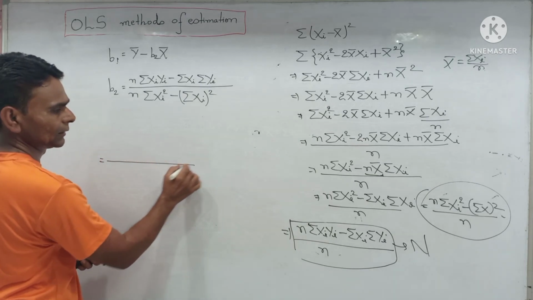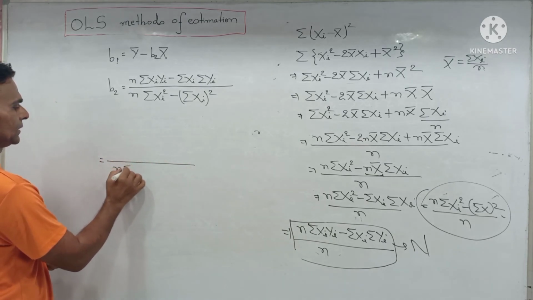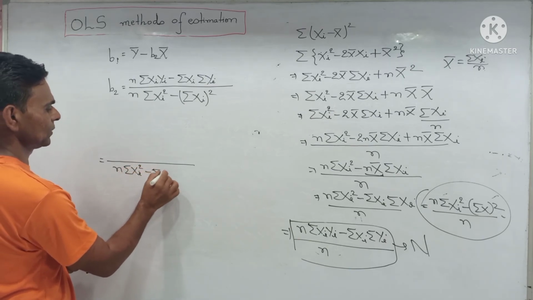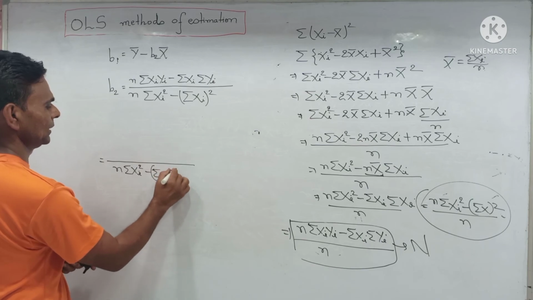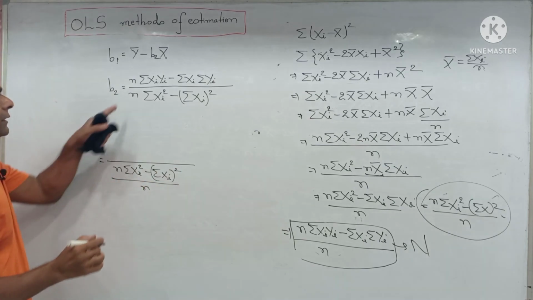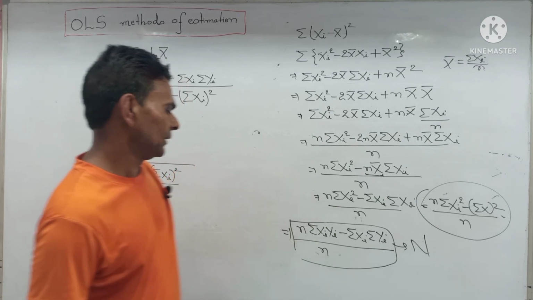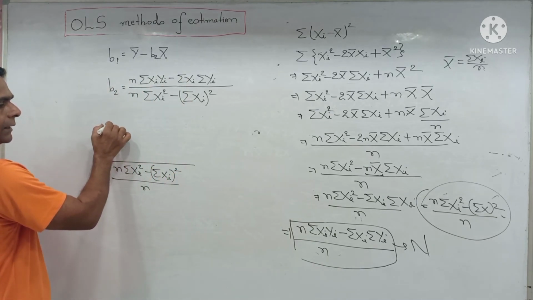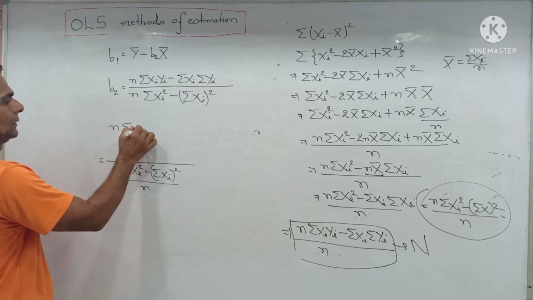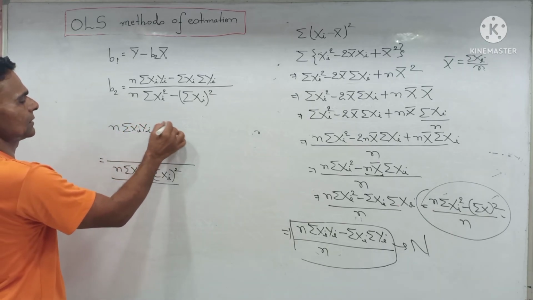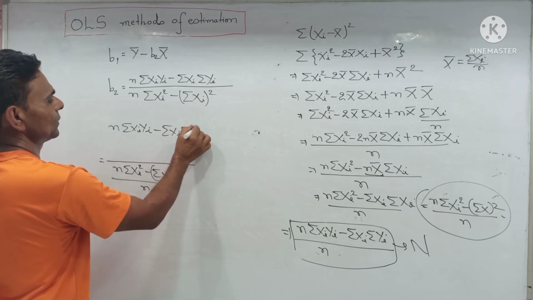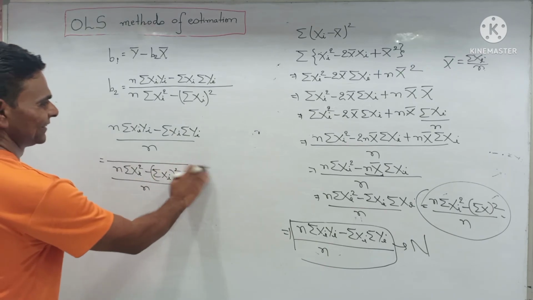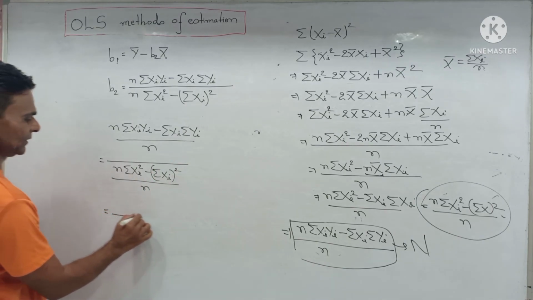We are going to write this term as summation of xi square minus summation of xi whole square divided by n, and we have already derived the numerator: n summation of xi yi minus summation of xi times summation of yi divided by n, and simplify it.